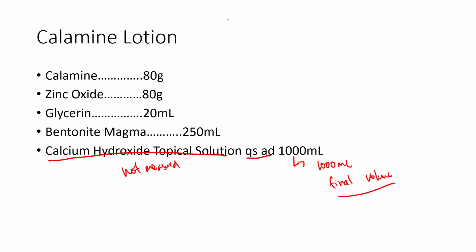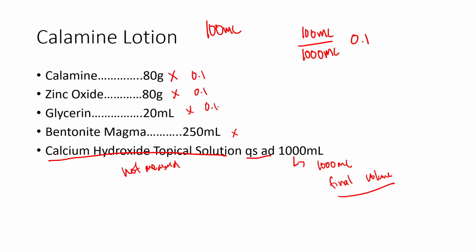So if I ask you to make 100 ml of Calamine Lotion, the factor would be 100 ml and the recipe is for 1000 ml. So our factor is 0.1. We simply multiply everything by 0.1. The final line, which has the QS add, is not multiplied by 0.1.